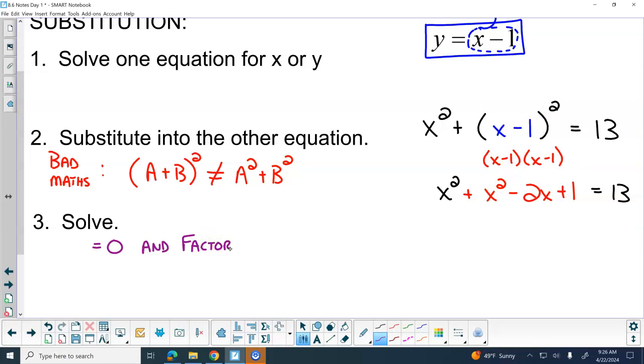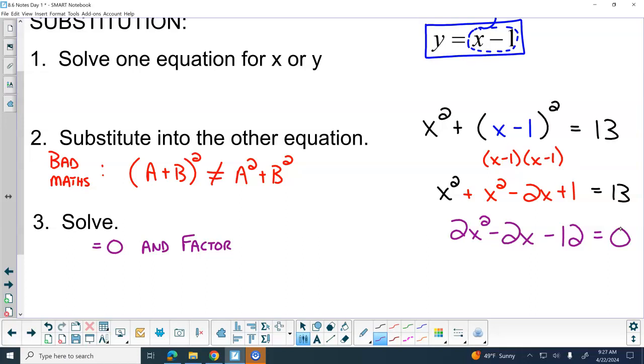All right? So if I get this equal to 0, I would get 2x squared minus 2x minus 12 equals 0. Can I GCF anything else, since that's our first two?